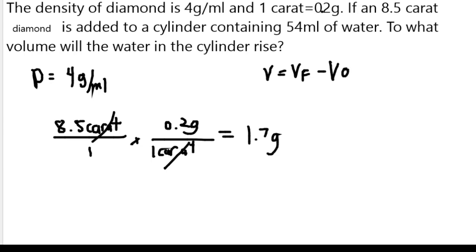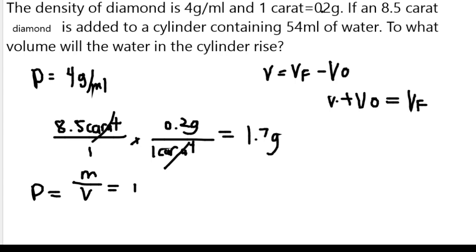So to calculate our volume, we have this. The change in volume is just equal to the volume. So to what volume will the water rise? That means we're looking for the final volume. As the density is equal to mass over volume, we can just plug in our numbers here.